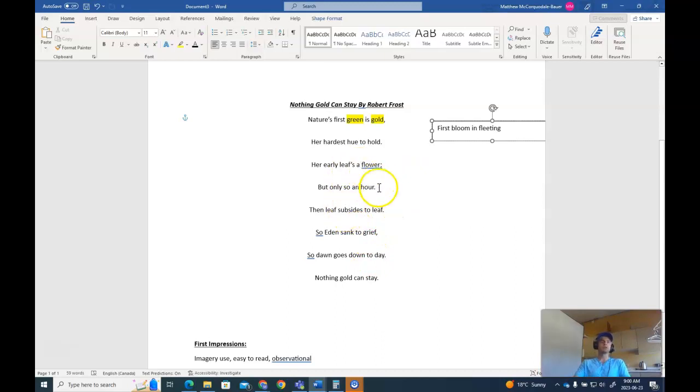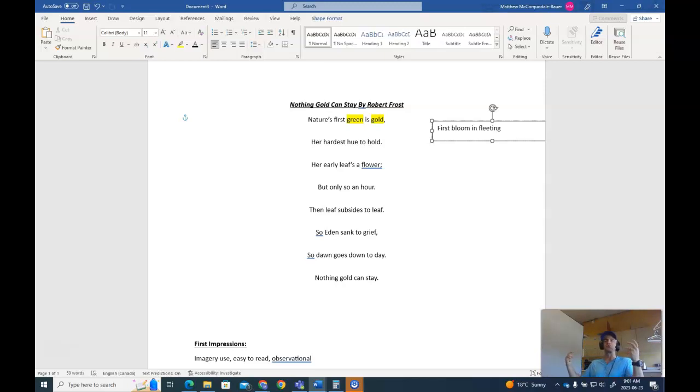But only so an hour. Only so an hour. Then leaf subsides to leaf. So now the cyclical nature of life is being brought forward. The more poetry you read, the more television and movies you watch, Lion King style, the circle of life.